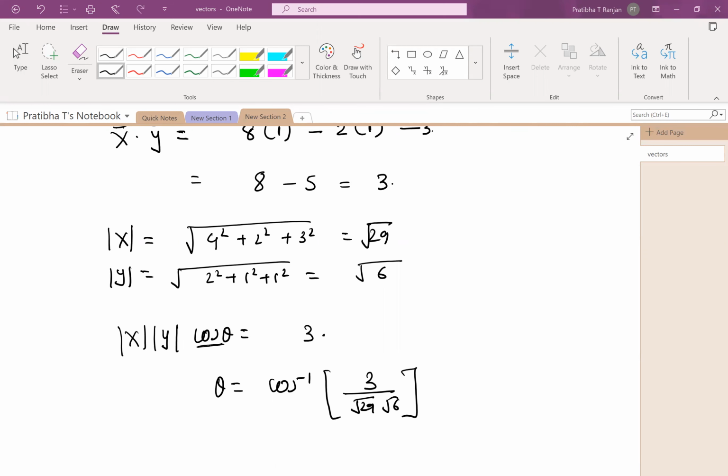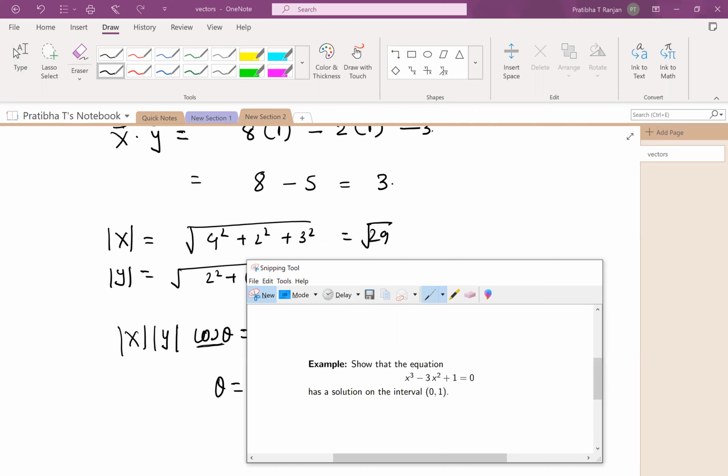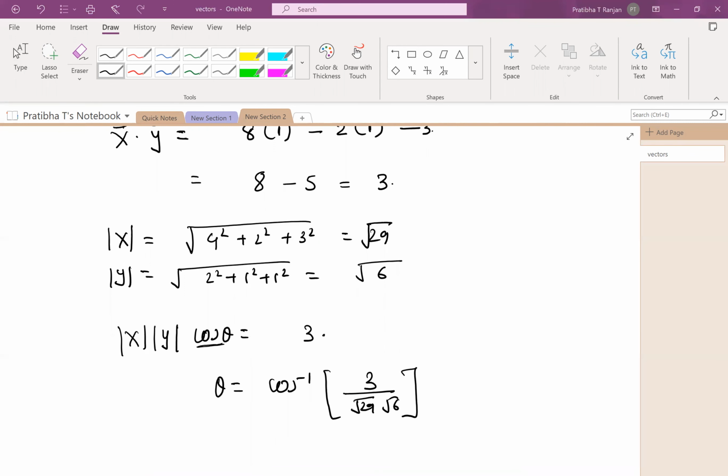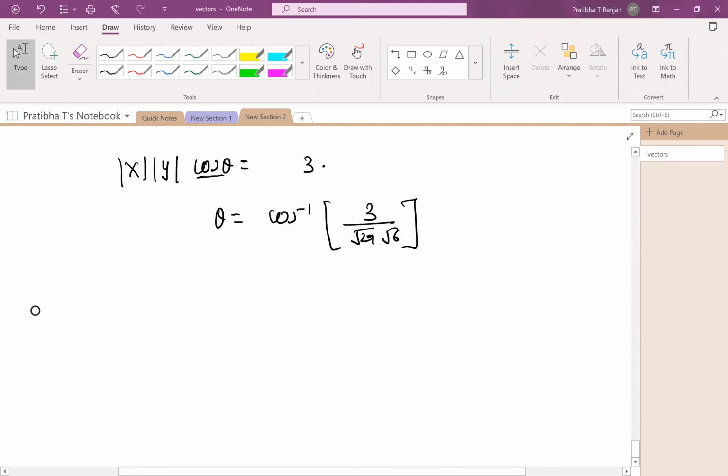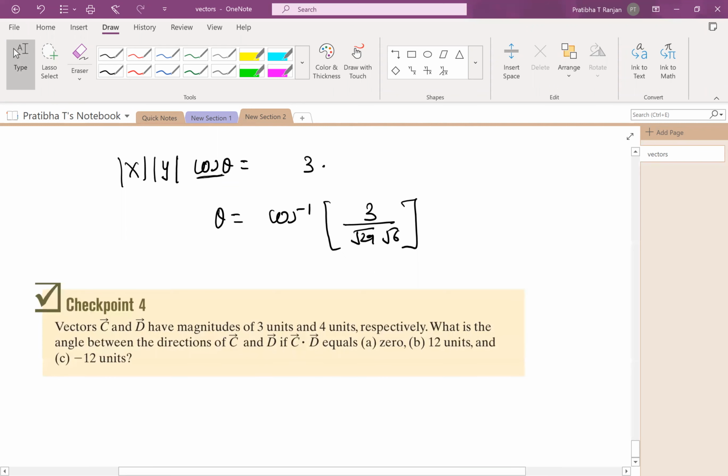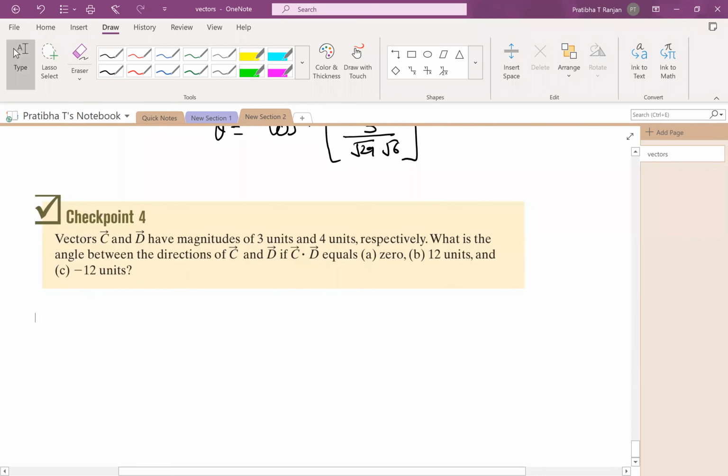Okay, so there is a checkpoint in your slide. Let's take this checkpoint and check ourselves. They are saying vectors C and D have magnitudes of 3 units and 4 units. It means they already gave us C as 3 and D as 4, right?